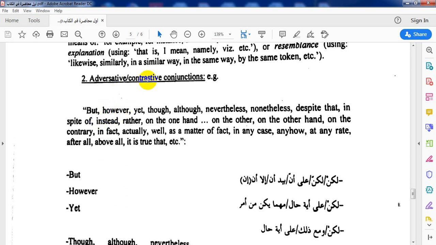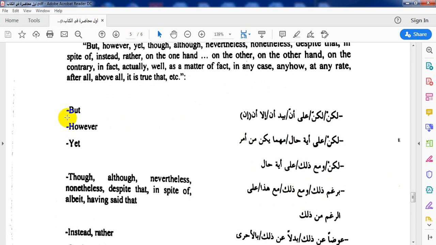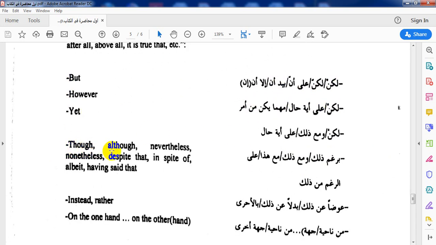So we have, as contrastive conjunctions, but, however, yet, and those are their meanings in Arabic. Though, although, nevertheless, nonetheless, despite that, in spite of, albeit, having said that, with the same meaning. برغم ذلك، مع ذلك، مع هذا، على الرغم من ذلك.